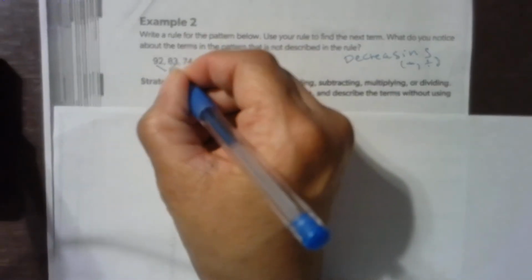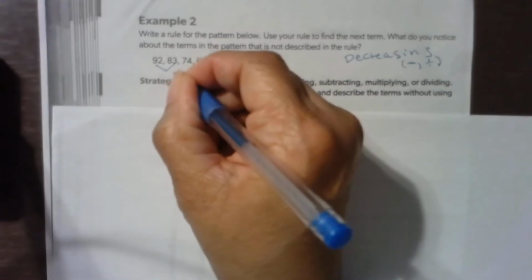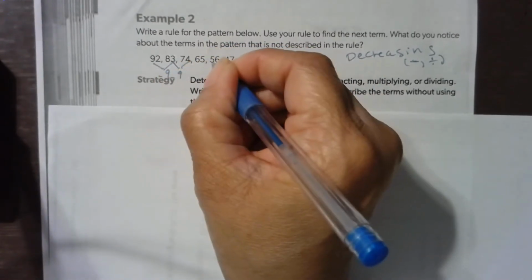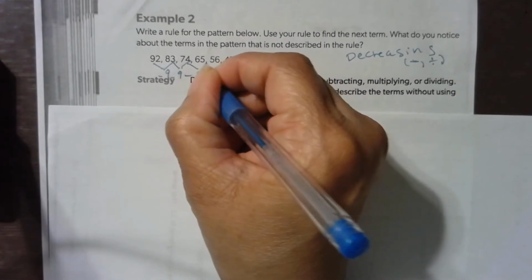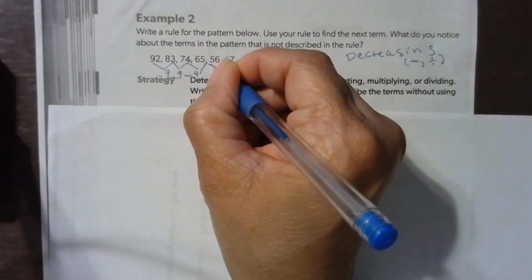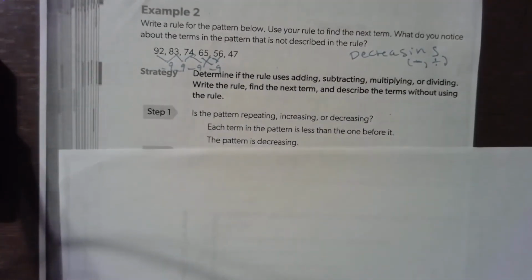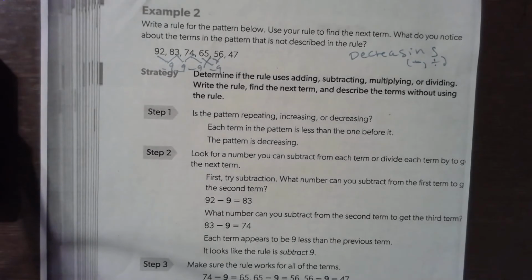So the difference between 92 and 83 is 9. The difference between 83 and 74 is 9. So it looks like we are subtracting 9 from each term.